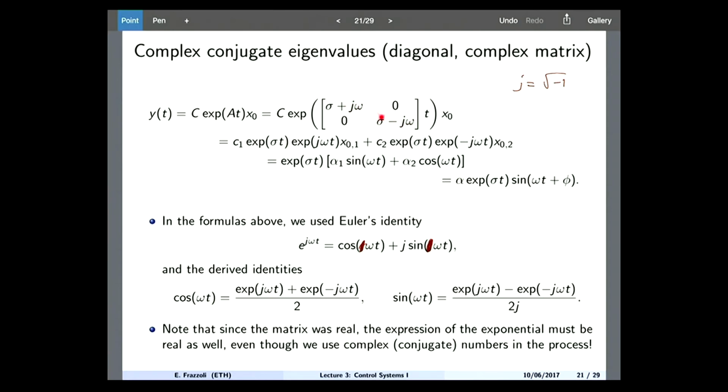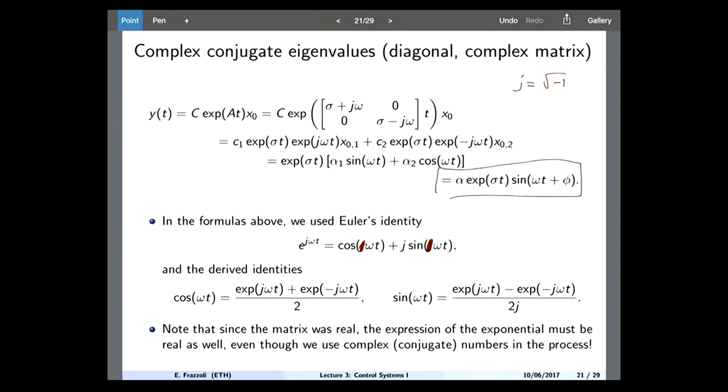So that's why, when you have this diagonal matrix with complex conjugate eigenvalues, and you compute the output, it is a function of the sine and cosine of the imaginary part, multiplied by the exponential of the real part. Okay? So you can also write this more compactly.